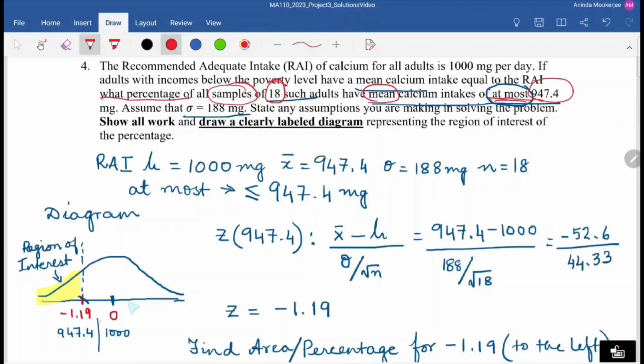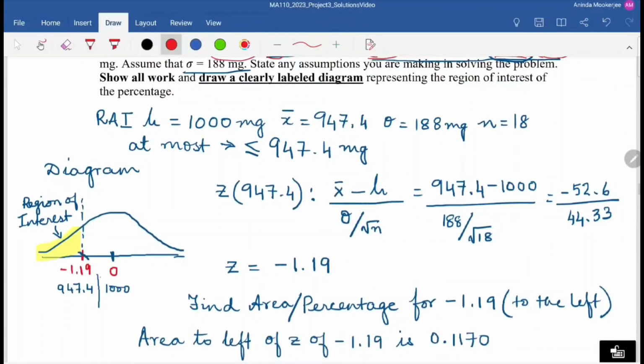Start with a diagram again. In the diagram, we show that the mean intake is 1000 and our sample mean X bar is 947.4, and then it's less than or equal to, therefore we extend a line from wherever 947.4 may be located.